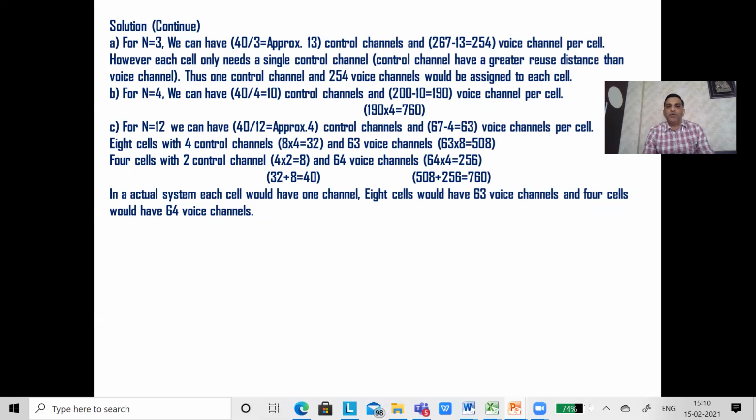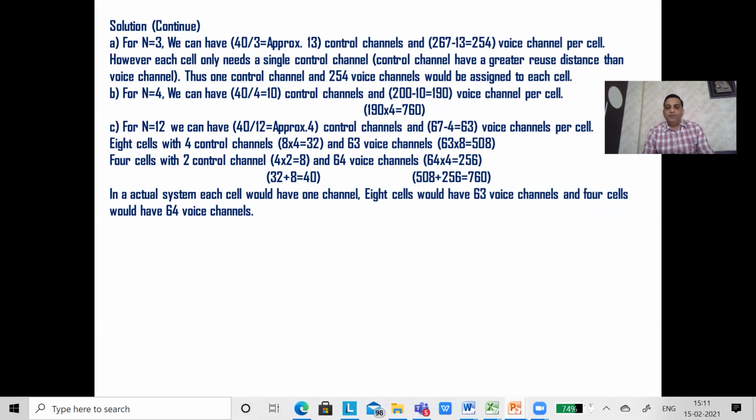For n is equal to 4, 40 by 4, that is 10 control channels and 190 voice channels per cell. So that means 190 into 4, that is 760 voice channels.